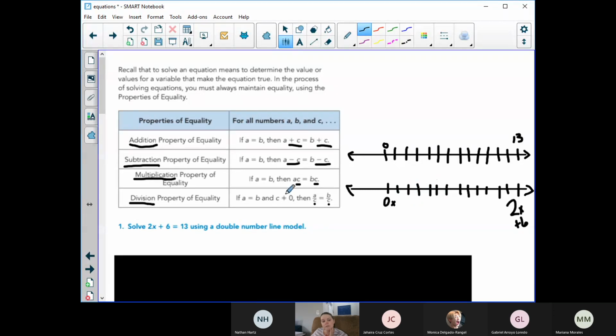Keeping these properties of equality in mind, I want to decompose 2x plus 6, which would be 2x and 6. If I decompose this, I have to go backwards 6 to figure out what the other part would be, because that's my equation over here, 2x plus 6 equals 13.